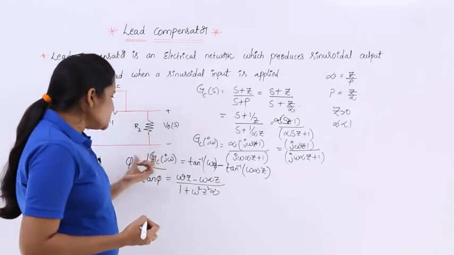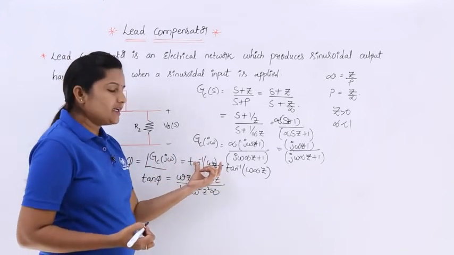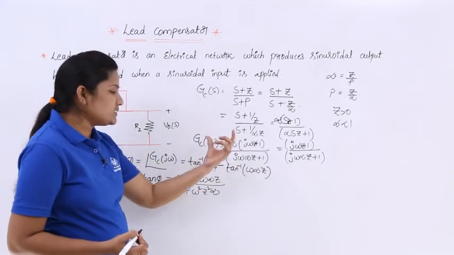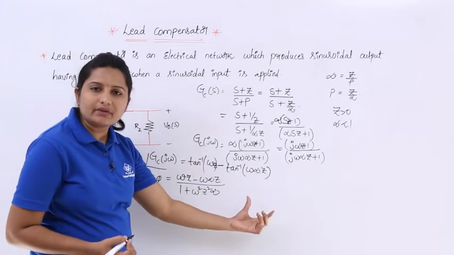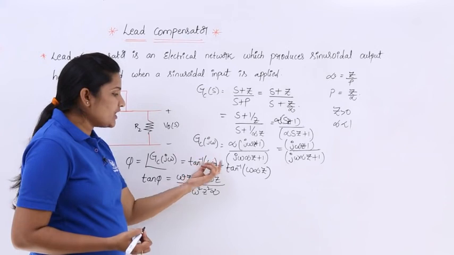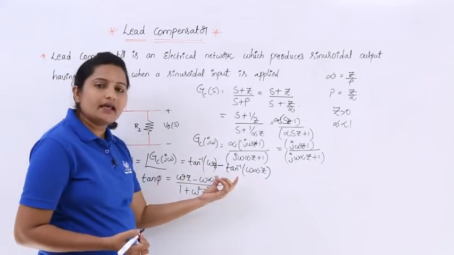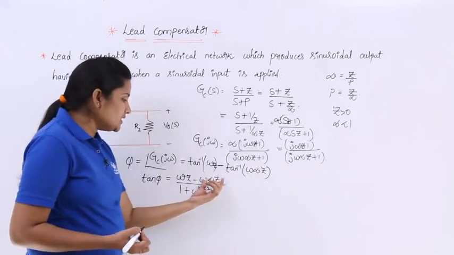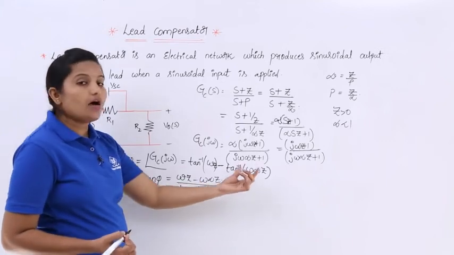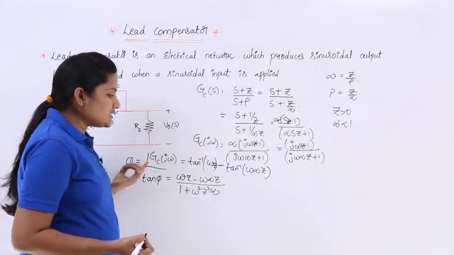Because if you consider both sides, tan phi is equivalent to tan of A minus B form. Tan A minus tan B by 1 plus tan A tan B is the formula. So when you write tan A, tan of tan inverse omega z, you will get omega z. When you write tan B, tan of tan inverse omega alpha z, and 1 plus tan A tan B means omega z into omega alpha z will be there. Then you are getting tan phi equivalent to this one.